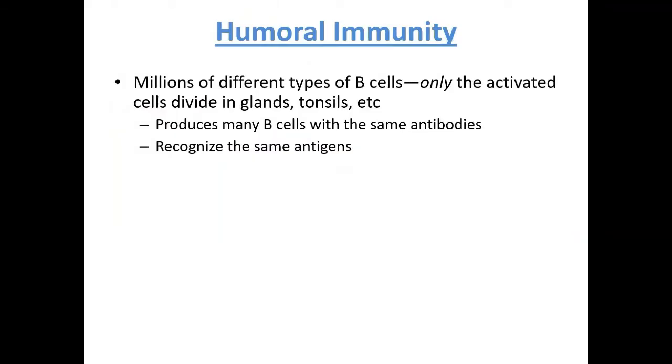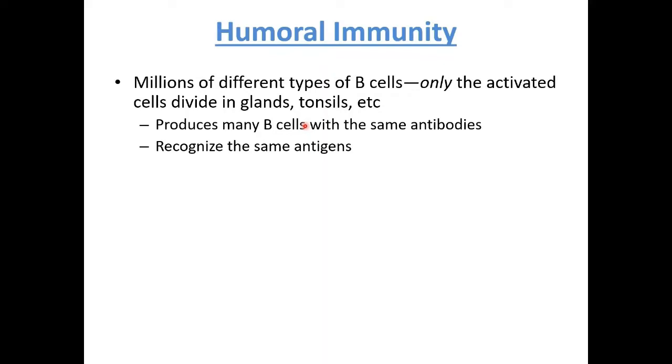So that was a summary of humoral immunity. Cellular immunity deals with T cells, humoral immunity deals with the humors or the fluids of the body, and so the B cells and their production of antibodies are said to be the humoral adaptive immunity.